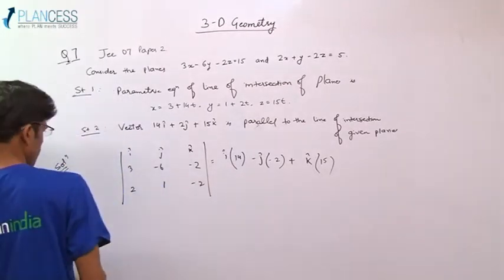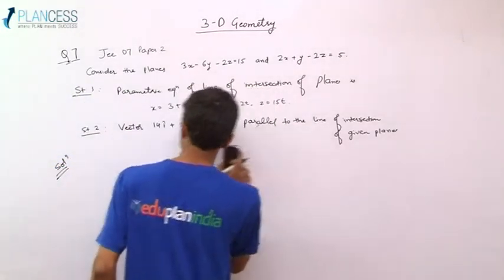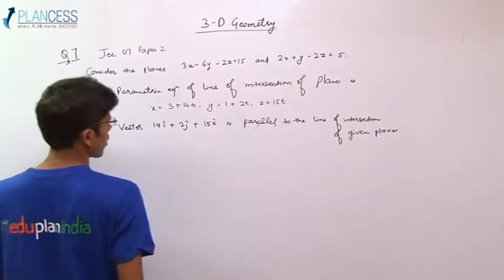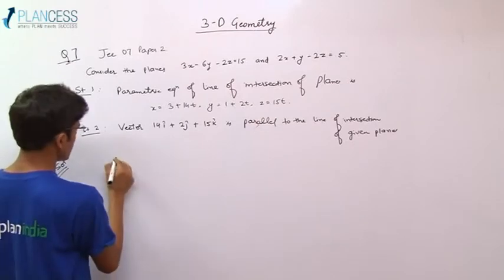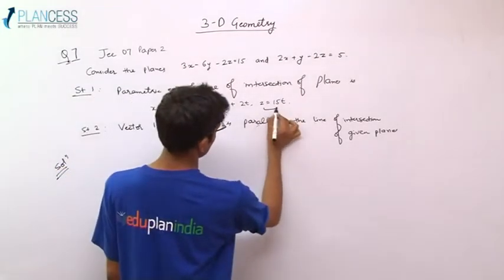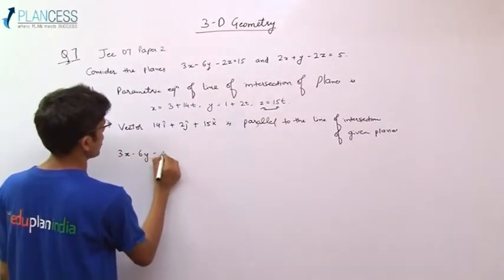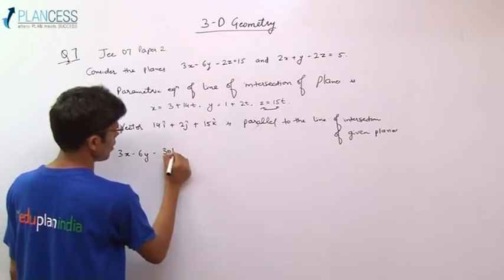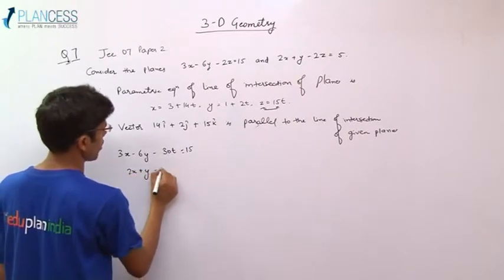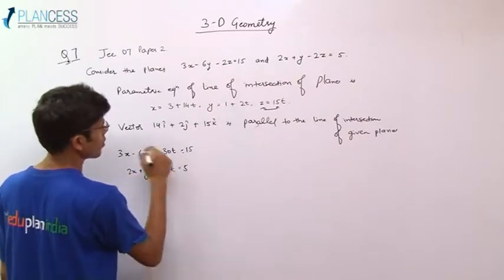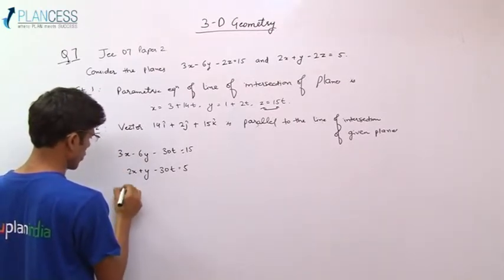Now let's see statement 1. There is also an objective technique to check statement 1, but we'll do it systematically. Suppose we assume that z equals 15t is correct, then 3x minus 6y minus 30t is 15, and the second is 2x plus y minus 30t is 5. Now let's multiply this equation by 6.